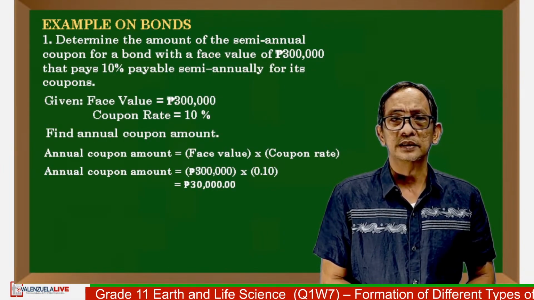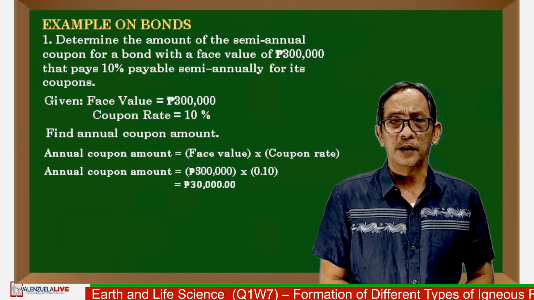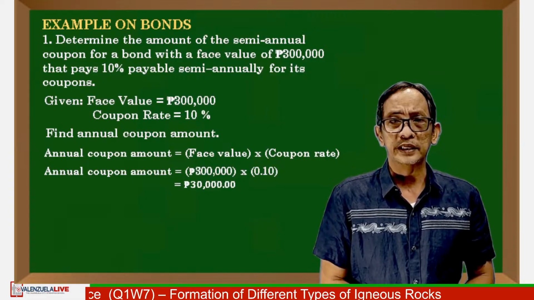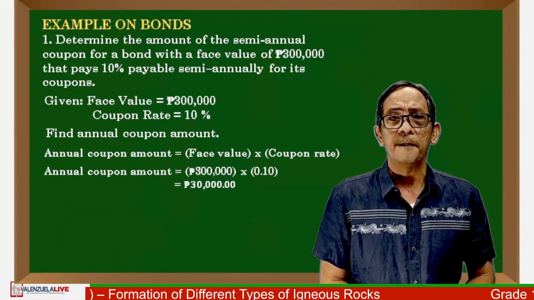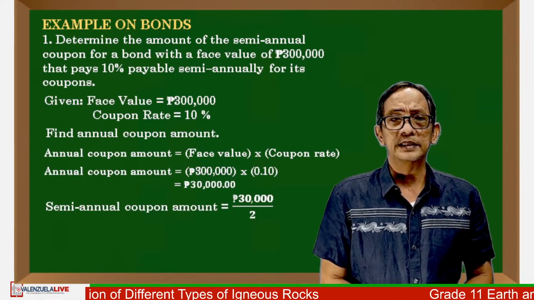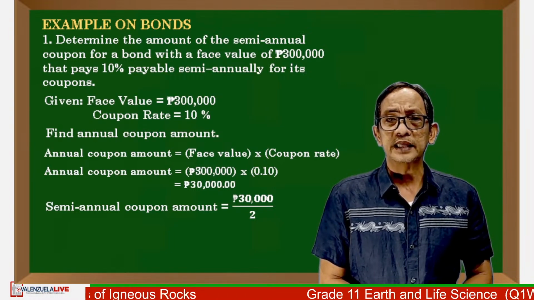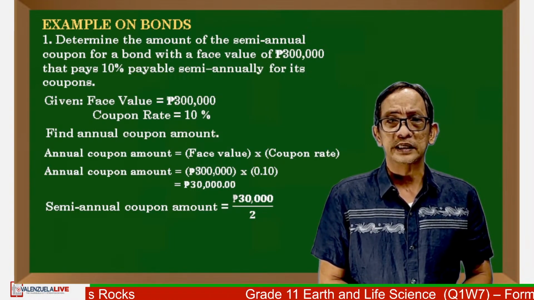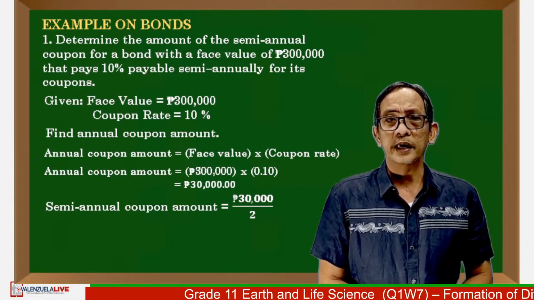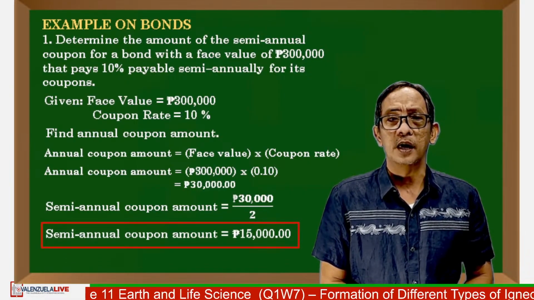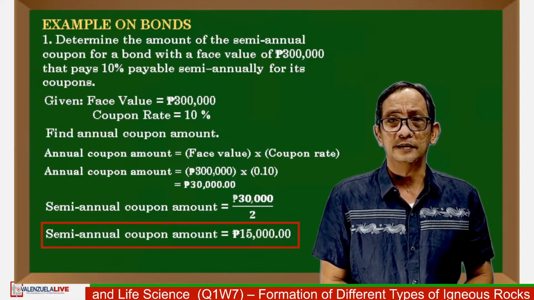Substituting the values, annual coupon amount is equal to 300,000 pesos times 0.1, which is equivalent to 30,000 pesos. And for the semi-annual coupon amount, that is equal to 30,000 divided by 2 because it is payable twice in a year. So therefore, the semi-annual coupon amount is equal to 15,000 pesos.